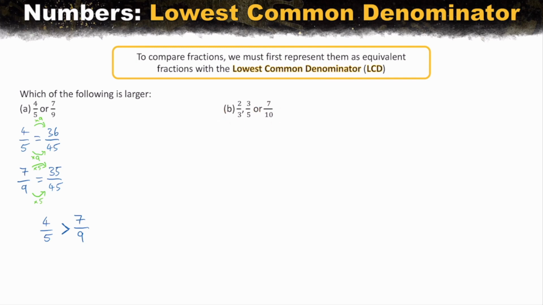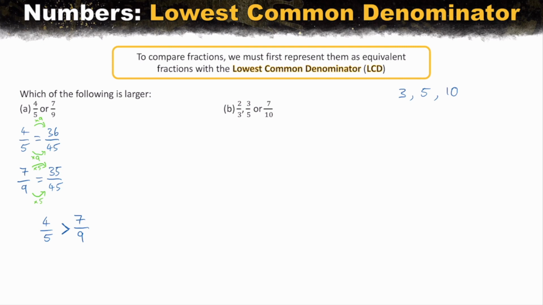So what I'm looking to do first is look for a number that 3, 5, and 10 all divide into. Now, one way you could do it if you cannot find it is to go 3 times 5 times 10. It won't give you the lowest common denominator, but it will give you something to work with that you can then compare them.